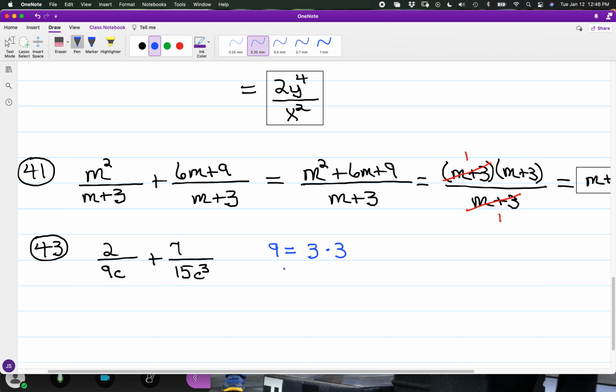And 15 is 5 times 3. Both 3 and 5 are prime numbers. Again, prime numbers are counting numbers whose positive factors are that number and the number 1.